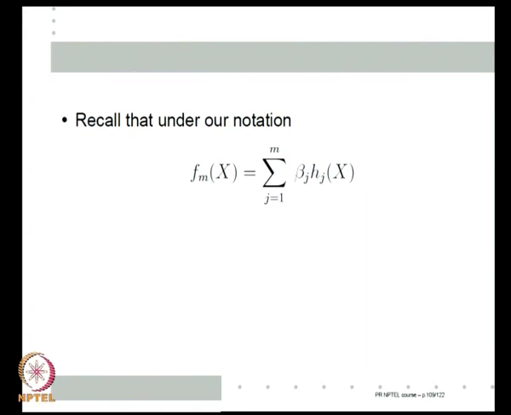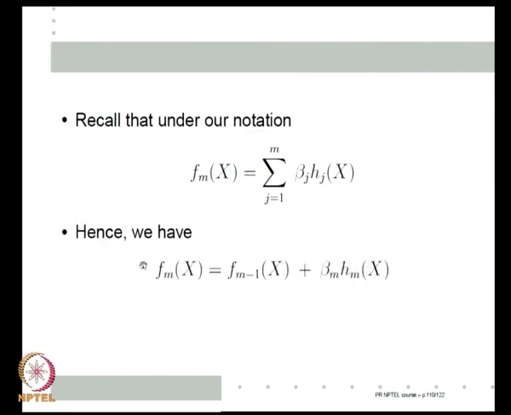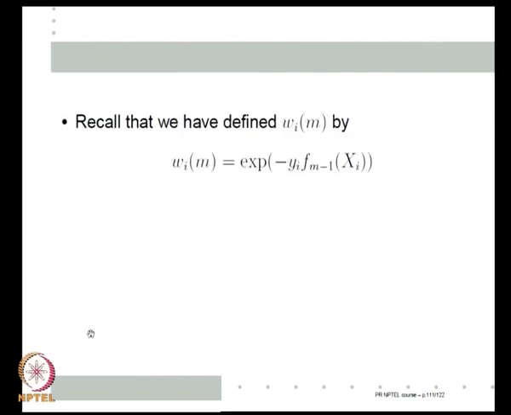Recall our notation, F_m is the sum over j equal to 1 to m of beta_j h_j, this additive model up to little m. Which means F_m(x) is F_(m-1)(x) plus beta_m h_m(x). Remembering this, we know w_i^m is exponential of minus y_i F_(m-1)(x_i). This is how we define w_i^m in our empirical risk minimization.